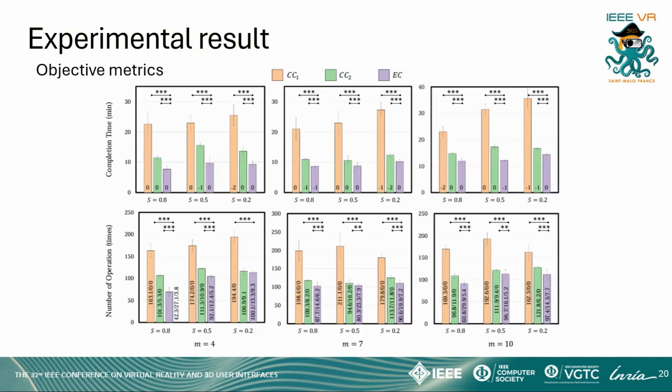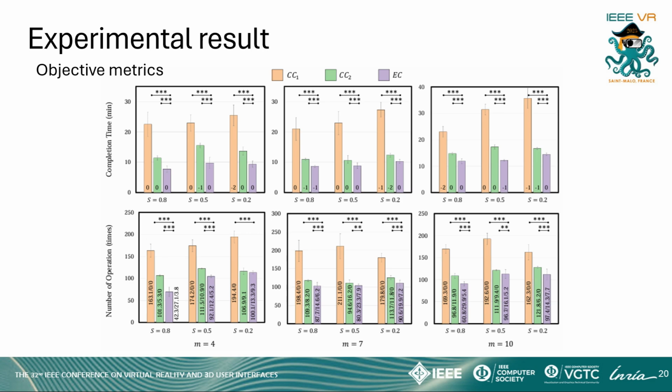We counted the following 2 objective metrics: completion time, the time it took for the participant to complete a trial; and number of operations, the user operation times during each trial. A complete selection and grouping is recorded as one user operation.